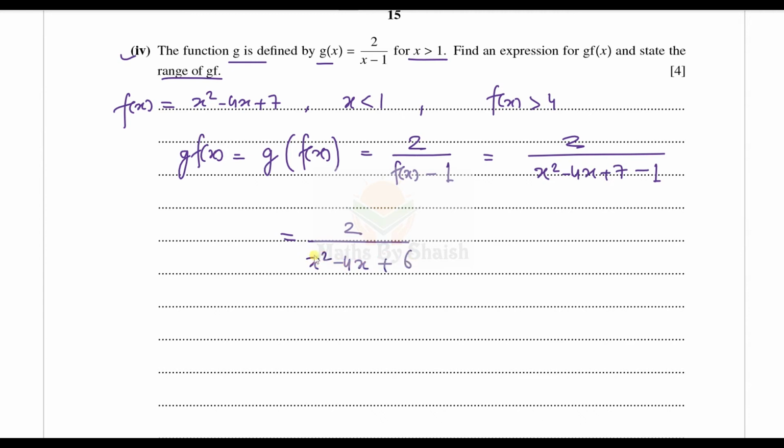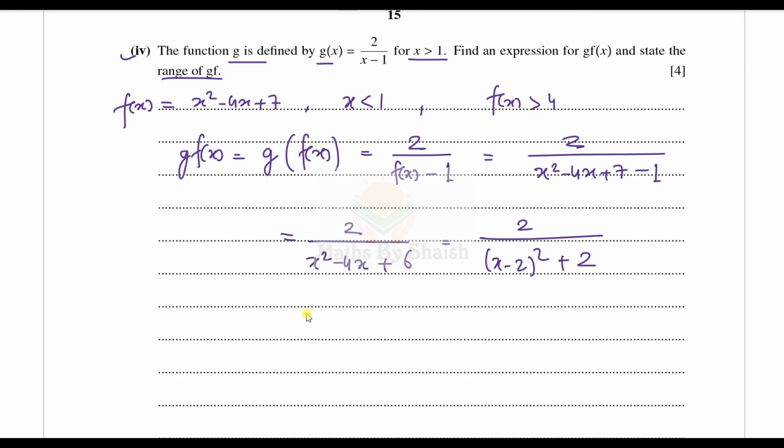We can leave it here, or we can write it in completing square form in the denominator. It would be (x minus 2) whole squared, minus 2 squared, that is minus 4, plus 6, that is plus 2. So this is the expression for gf(x).